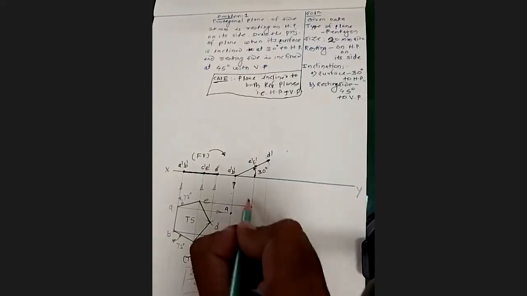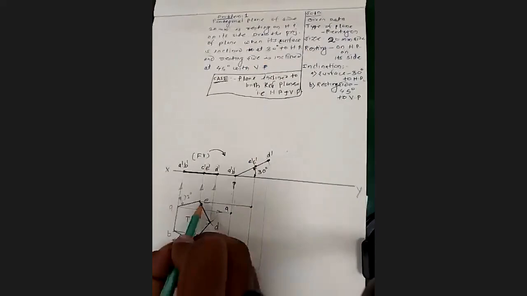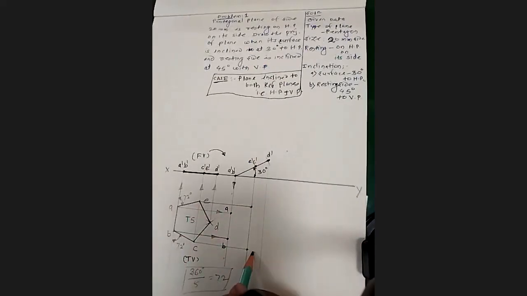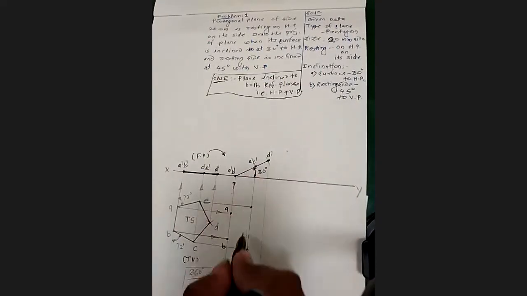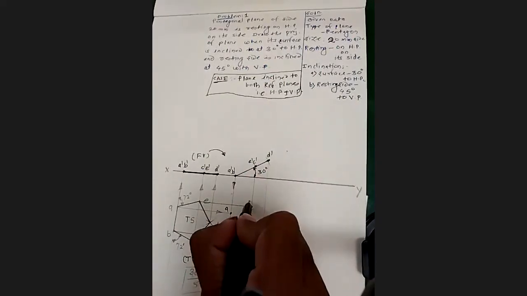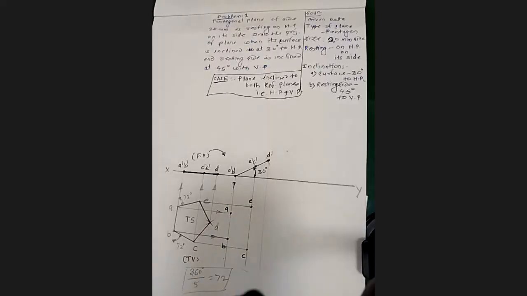It will give the points from E horizontal and from C horizontal. Intersecting with this, we will name this point C. Through this E, intersecting with vertical E, we will name this point E.